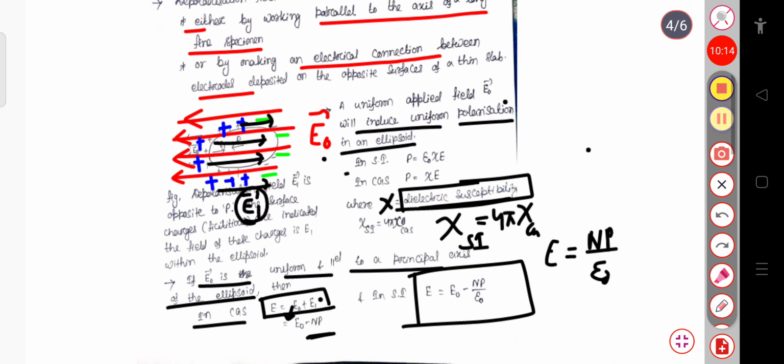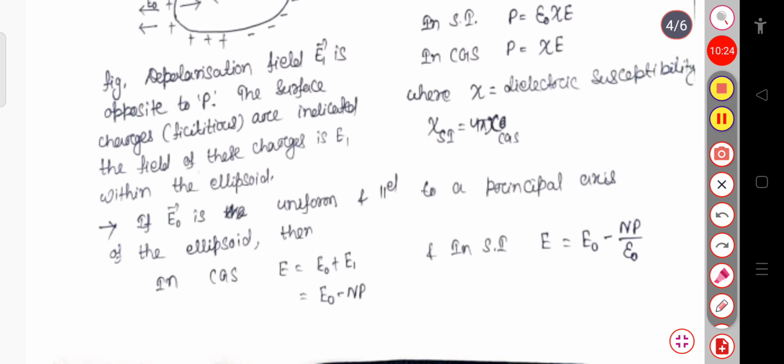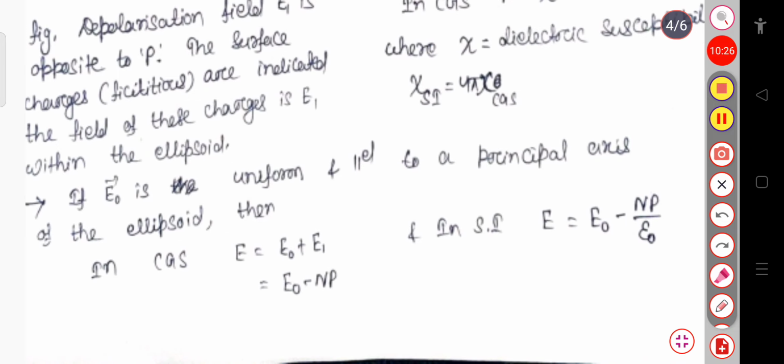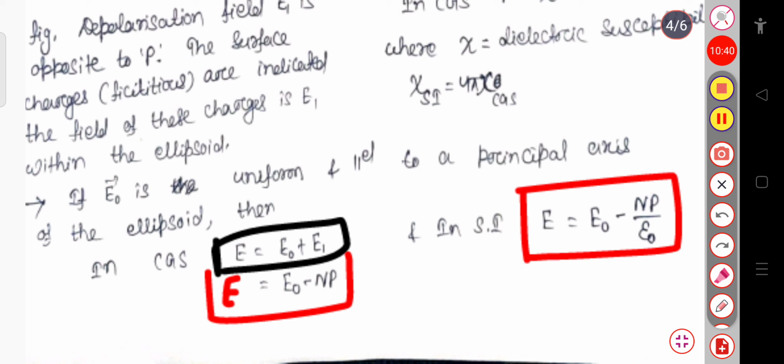So finally, the resultant field E will be equal to E naught plus E1. In CGS system, this E will be equal to E naught minus NP. But in SI system, this E will be equal to E naught minus NP divided by epsilon naught.